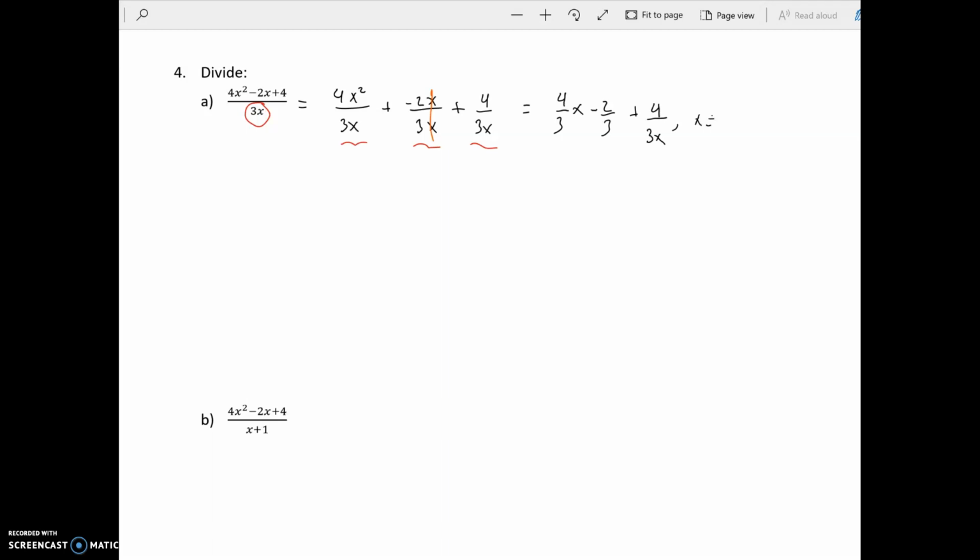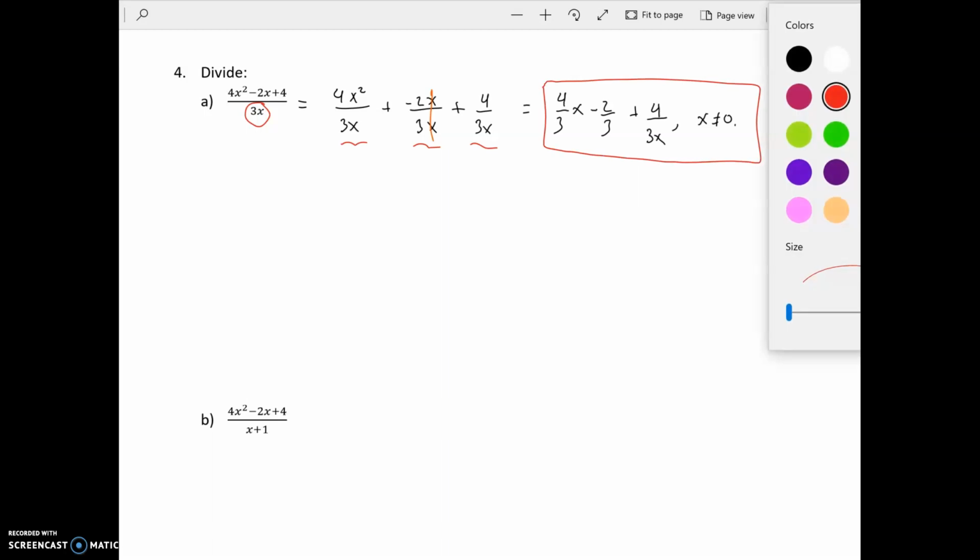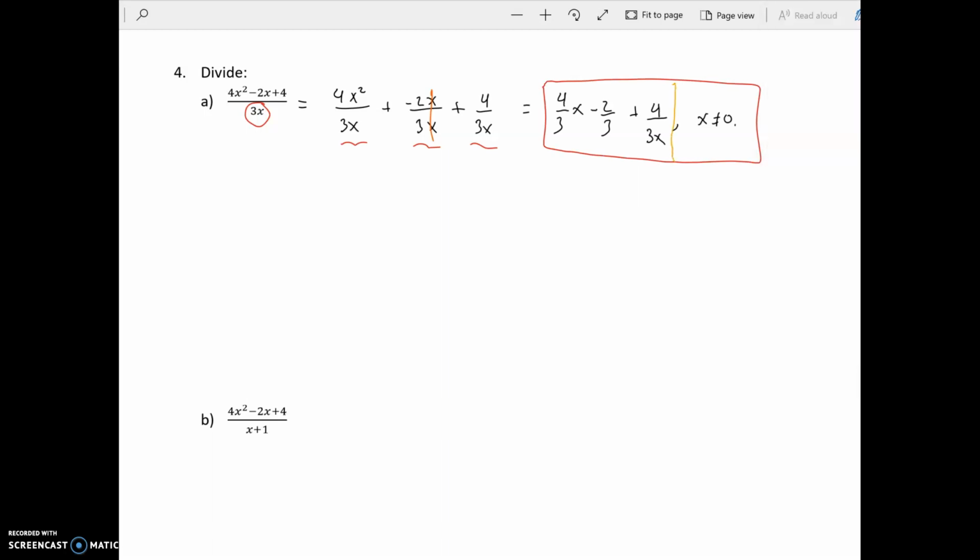And technically this division is complete as long as no value gets evaluated in the denominator. So in this case, x cannot equal 0. Now, when these show up on a problem for the software, it typically just wants the division.